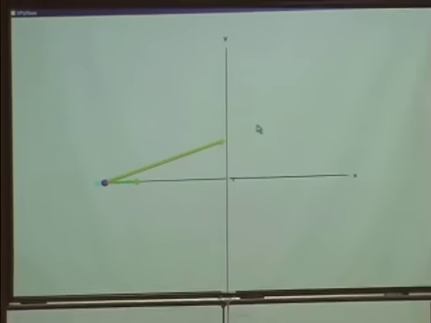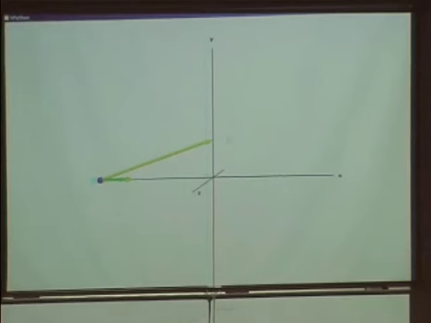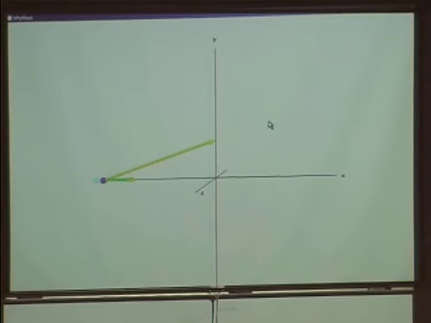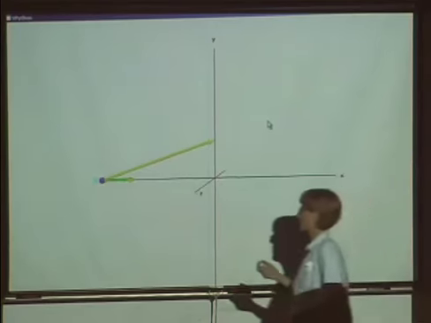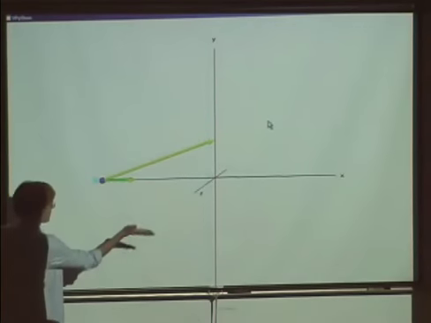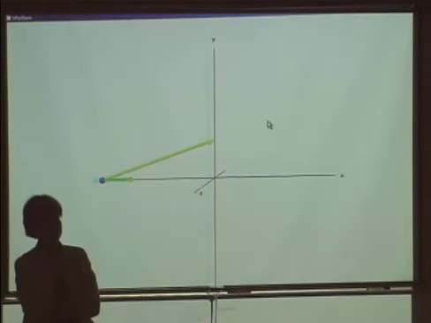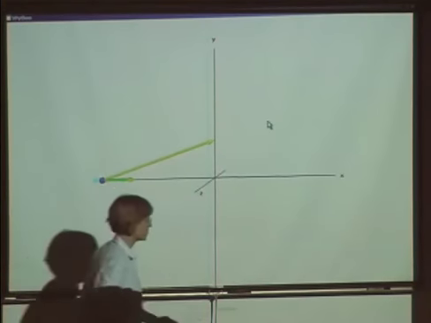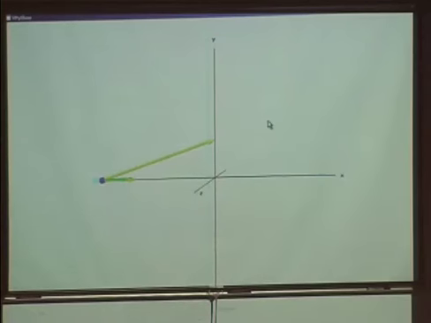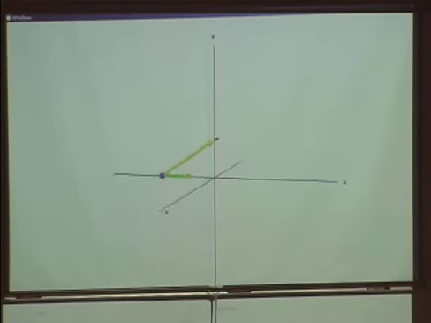What do you think is going to happen? If it was a proton, what would the direction of the magnetic field be? It would be out. What do you think is going to happen if we flip the sign of the charge? Probably go in, won't it? Let's see. So let's do it. Yep.